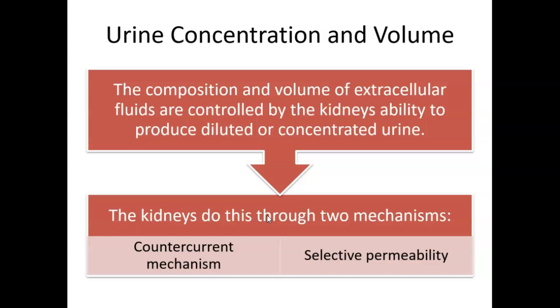They do this through two mechanisms. One of them is the countercurrent mechanism, which you don't necessarily need to know that much about. And the other one is selective permeability. Okay, so we're going to talk about selective permeability a little more in depth, because this is where that antidiuretic hormone comes into play.